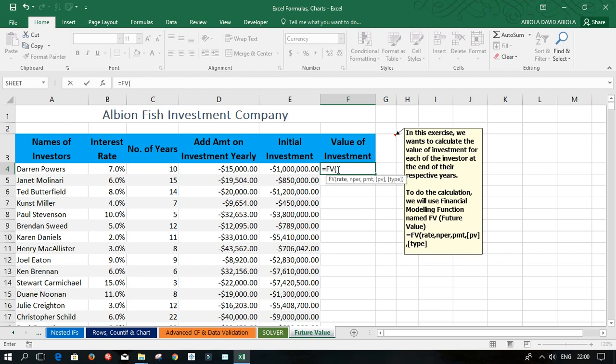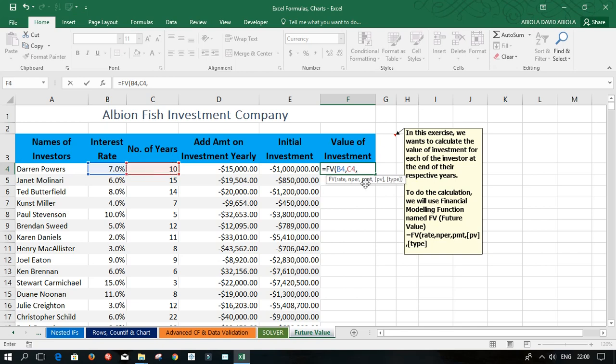Okay, so this is my rate, which is the first argument. So I'm going to click on this and press a comma. So I've now moved to the second argument, which is the payment period. In other words, the number of years that we want to invest our money. So I'm going to click on it and click comma.